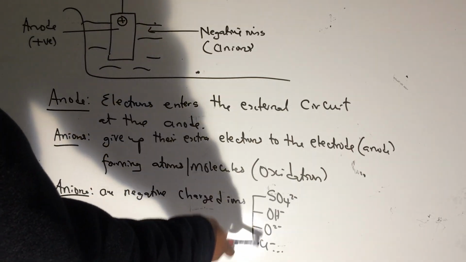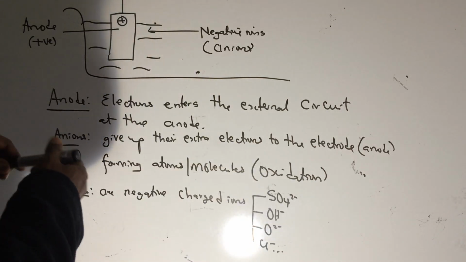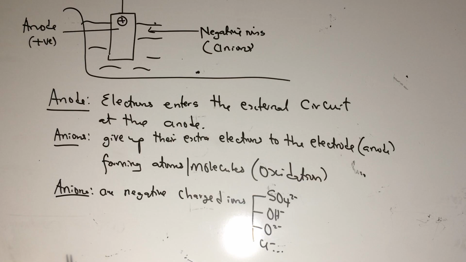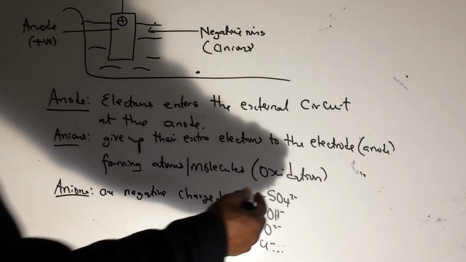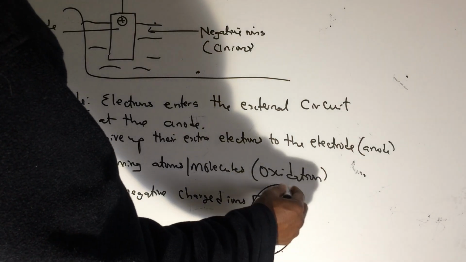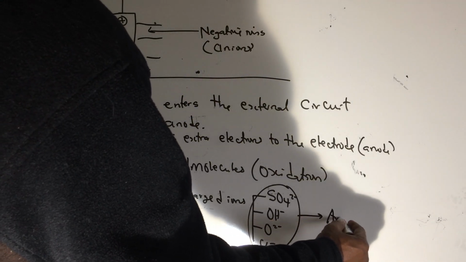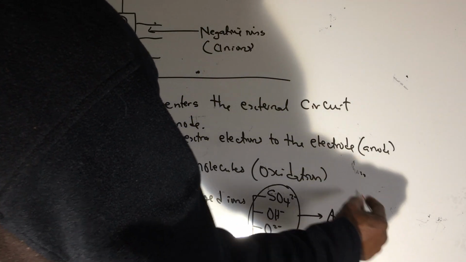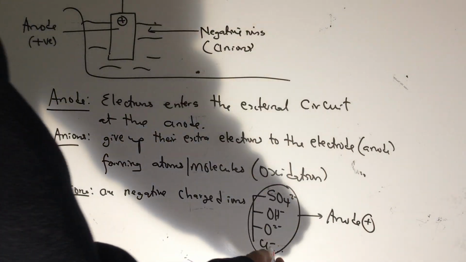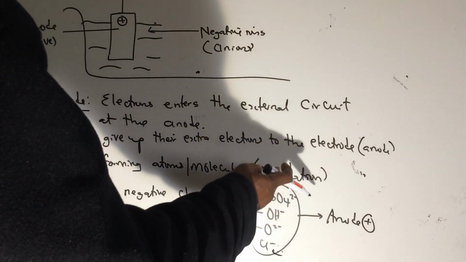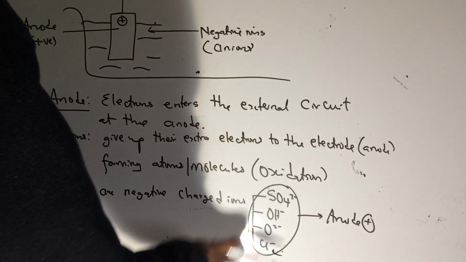So let's look at how all of these, the anions, the negatively charged ions, all go to the anode. If they get to the anode, which one of them will discharge? Not all.